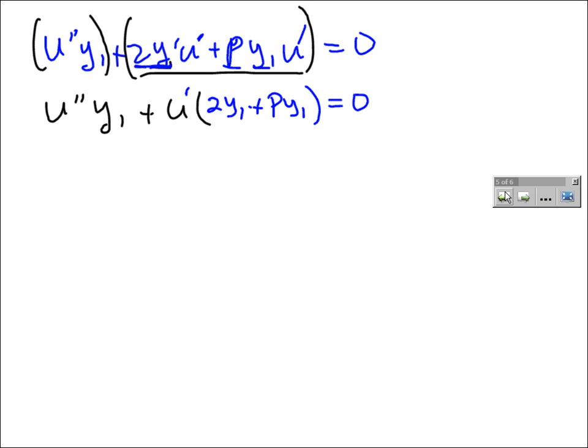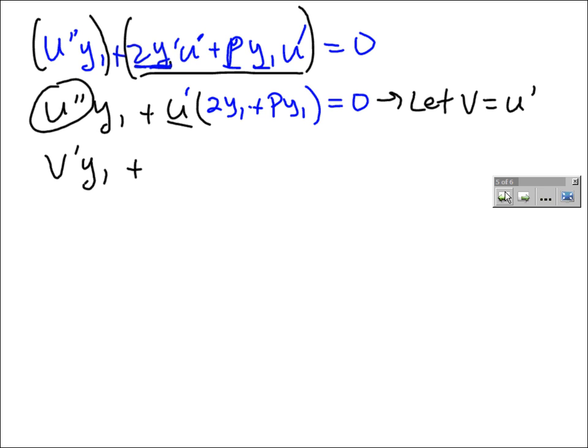This is where we use the reduction of order. I'm going to let v equal u prime. So then that will be v prime. So v prime y1, u prime is just v, plus v times 2y1 prime plus py1 is equal to 0.